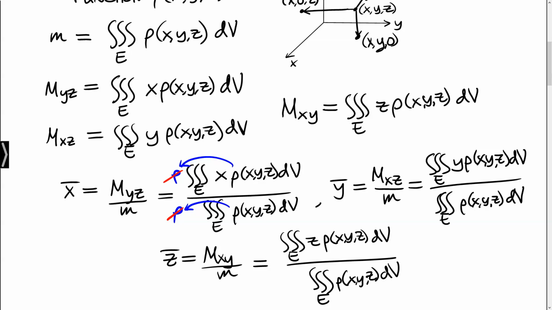So you don't need to know what the constant density is. You just need to know it's constant density. And what you end up getting is just the triple integral of x dV over the triple integral dV, over the region. So that's what we're going to do here. We're going to assume that the density is constant.